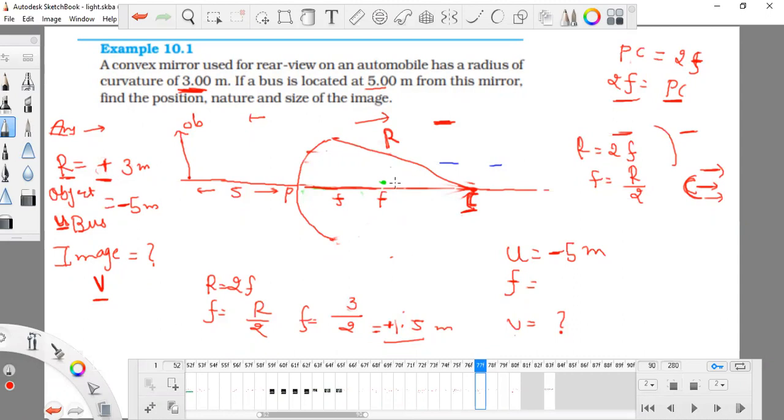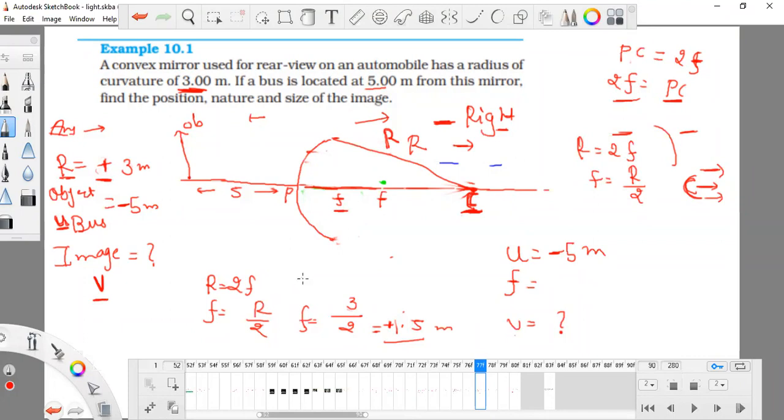Sorry, I was wrong, because C is at this side and R is at this side, because we are using a convex mirror. So both of these things reside at this side, so both will be positive because they are present at the right side. Sorry, I was wrong, I just made a mistake.